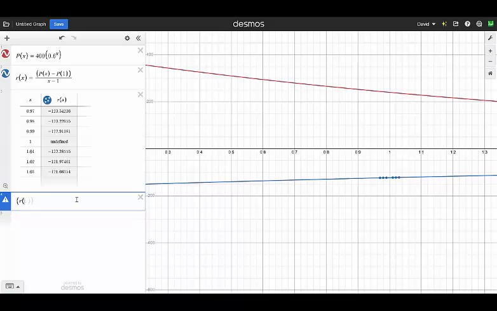R of 0.99 plus R of 1.01, divided by 2. And we get negative 122.598.